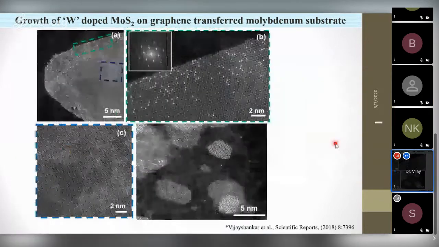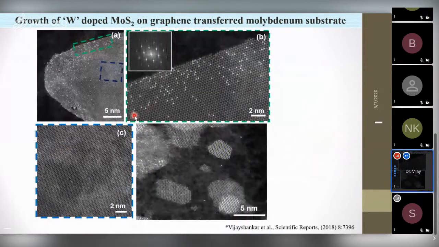triangles. So even with atomic resolution images, we can point out these bright spots are tungsten. If you remember, I told you the brightness and contrast of atomic imaging varies with atomic numbers. So tungsten has a higher atomic number compared to molybdenum, and sulfur is very low compared to these two. So we can easily identify which is molybdenum, which is sulfur, which is tungsten.